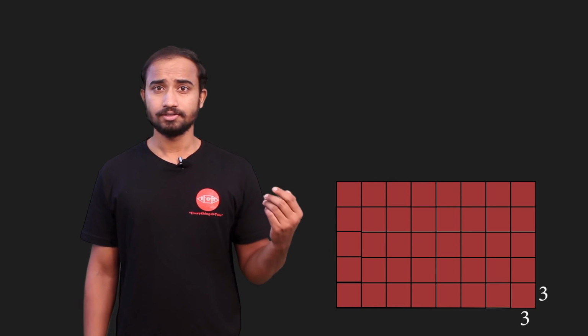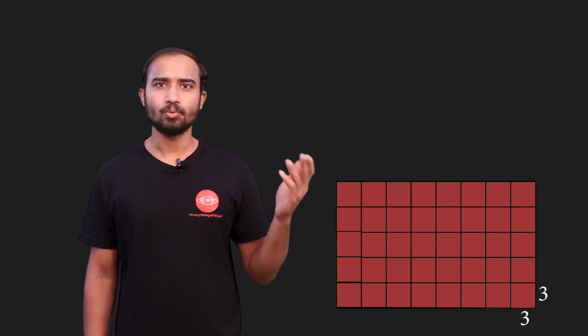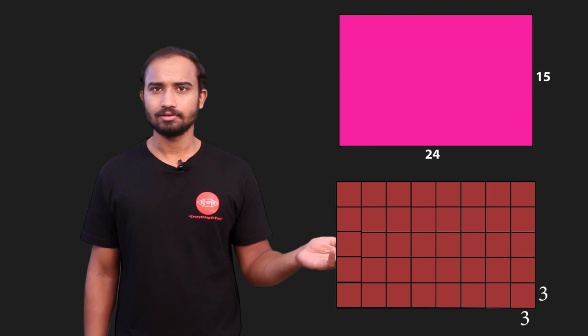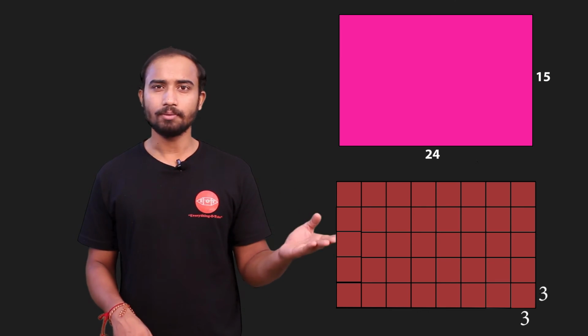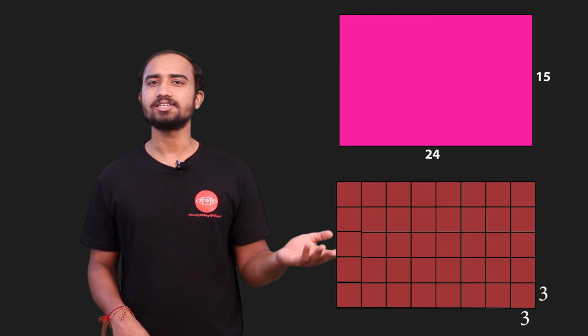From that we can say, as we can see in the figure, 3 is the highest common factor of 24 and 15. So the field of 24 by 15 can be divided into 3 by 3 squares in an exact number of square blocks. So 3 is the highest common factor.